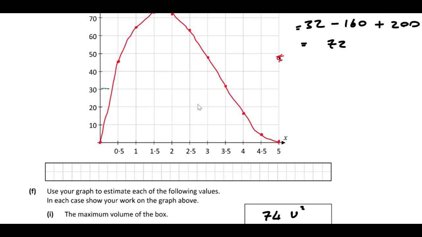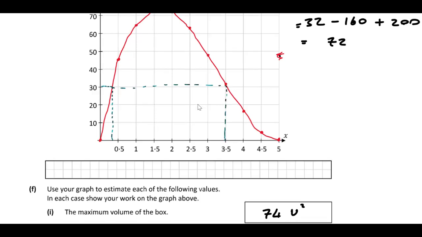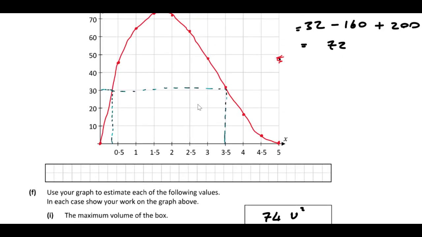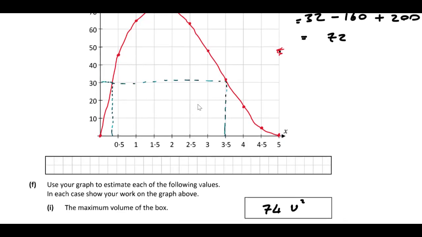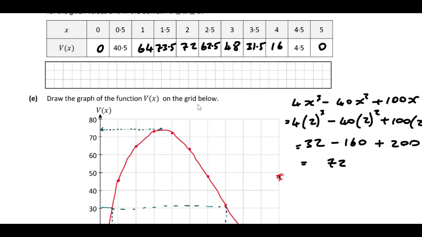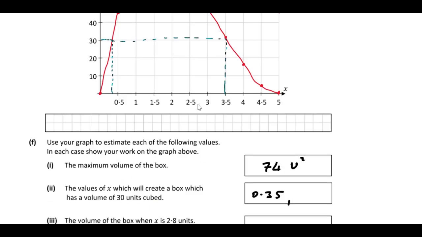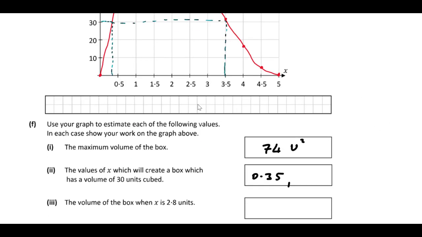So 30 is here, so I'm just going to come across and down here, and then across here, and down here. So the values of x, two values here. I'm going to say 3.6 here, actually, 3.6.